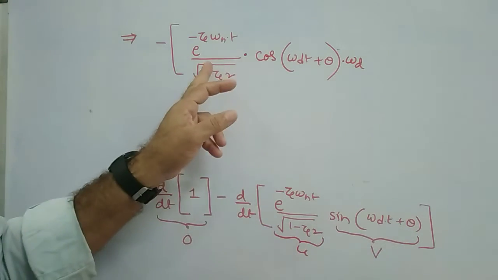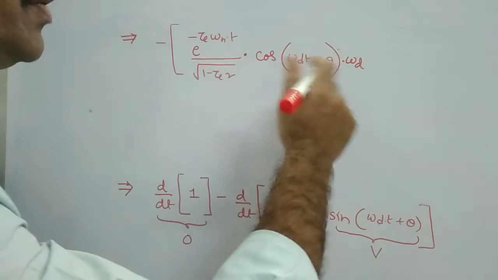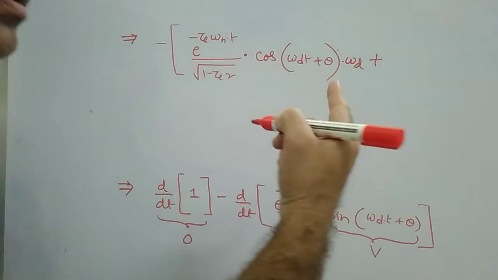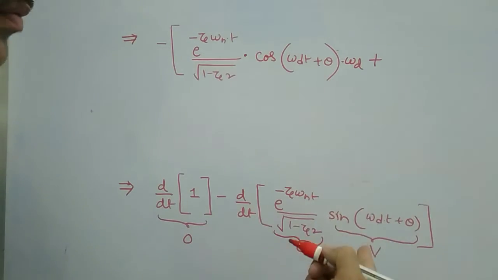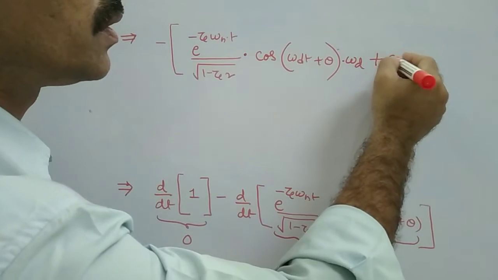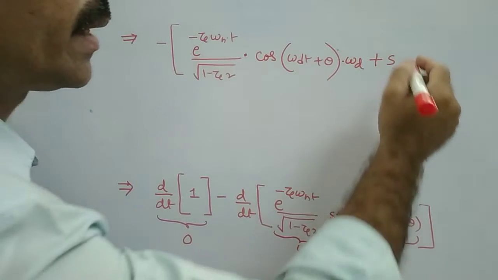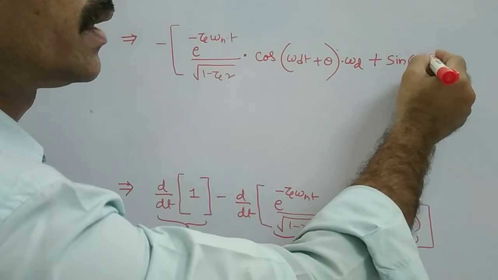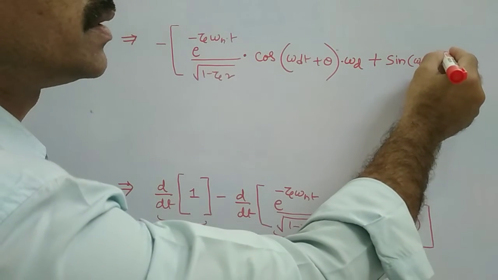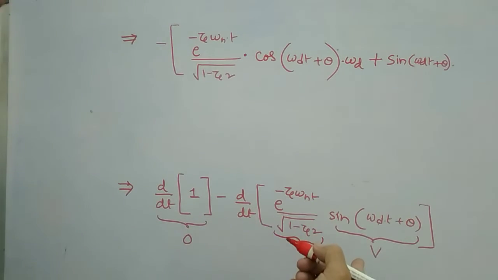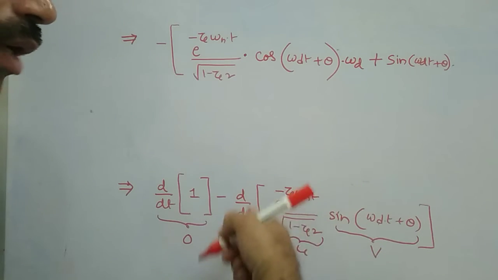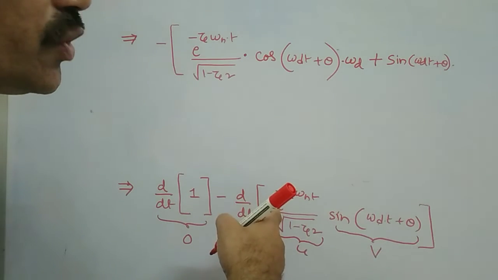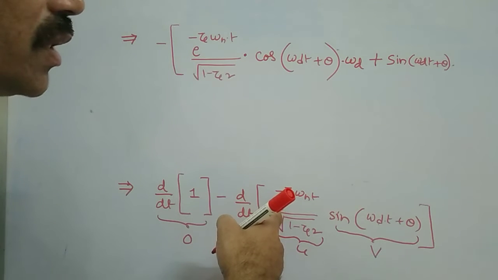This is what u into dv means. Now plus v into du. v means you can keep the sine of the second term, so sine of omega d times t plus theta you keep as it is. For u into dv, you differentiate this, which is the exponential term, basically e power x.